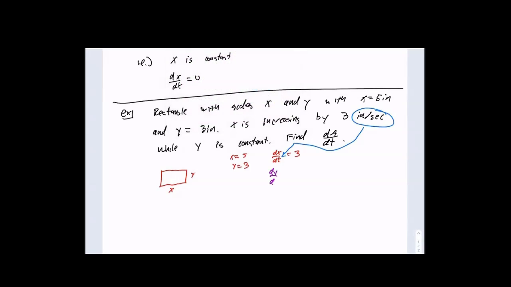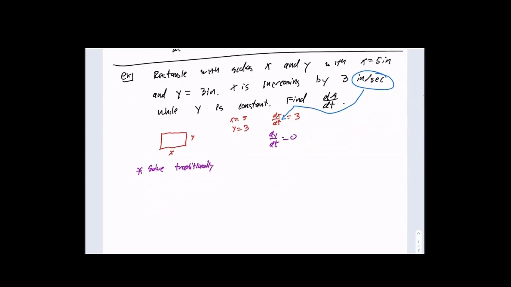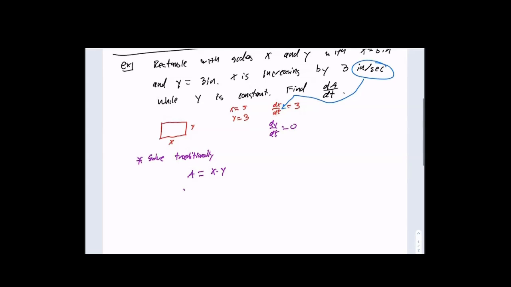dy/dt is 0. Now we're going to solve traditionally, which means we're going to do it as we normally do it. Area equals x times y. We did this yesterday. So dA/dt is equal to dx/dt times y plus dy/dt times x.